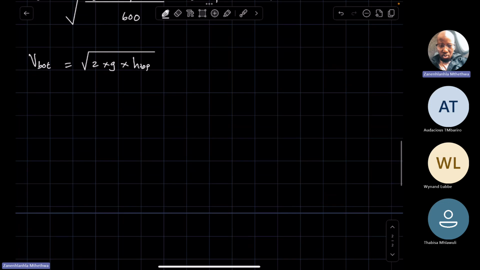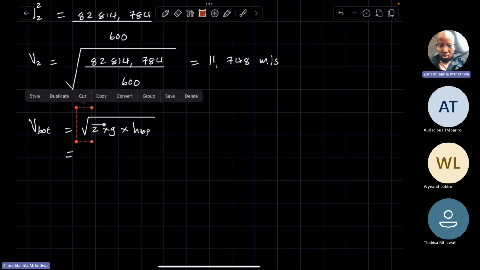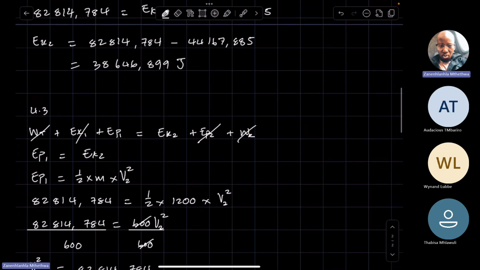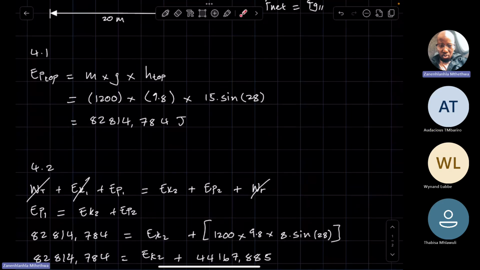And then from here, you can say the square root of 2 times g times h top. Remember, h top is equal to 15 sine 28.